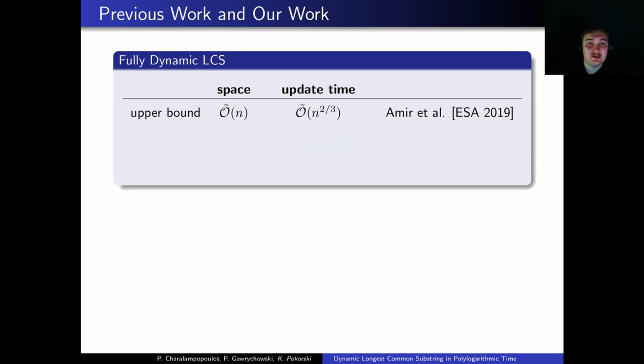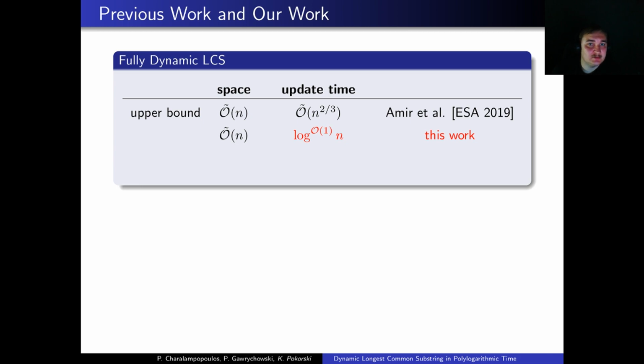For fully dynamic LCS, where both strings are dynamic, the update time was known earlier to be n to the 2/3 times several logs, still with n polylog n space. We were able to get this down to polylog n. We are not counting logs now, but this exponent is around 10 or maybe slightly less.